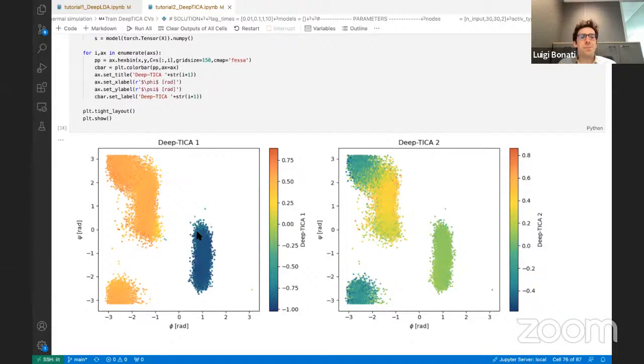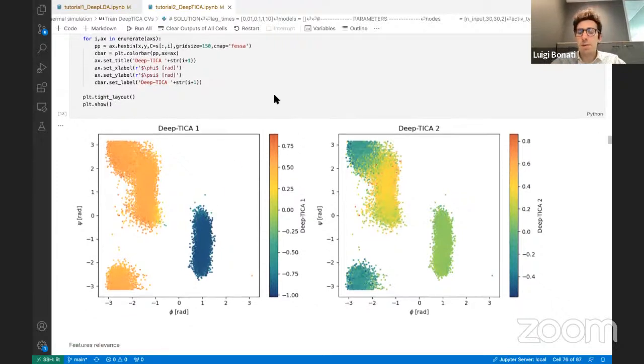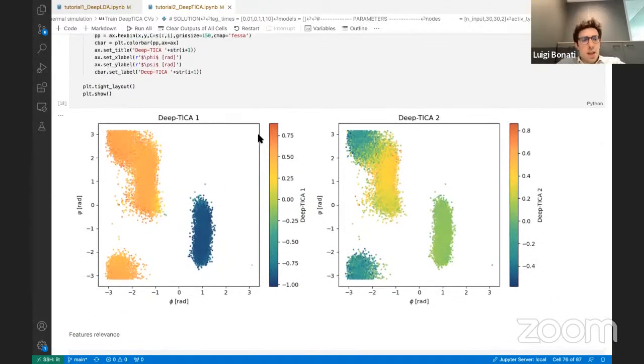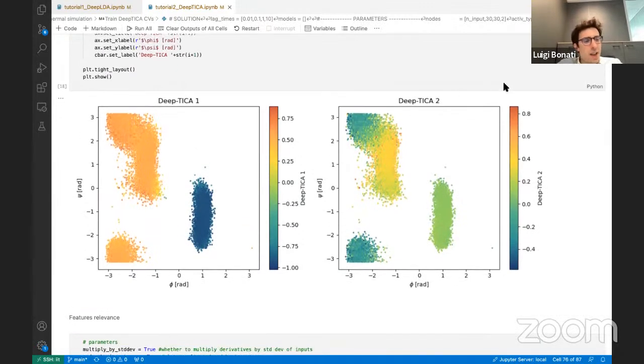Of course, we will have different results based on the kind of simulation we start from, because we are always trying to understand what the kinetic bottlenecks are that are hampering that specific biased simulation from converging. And with this, I think I finished.